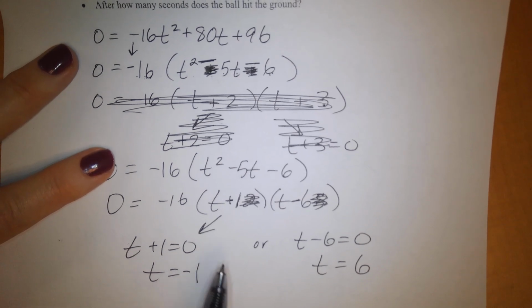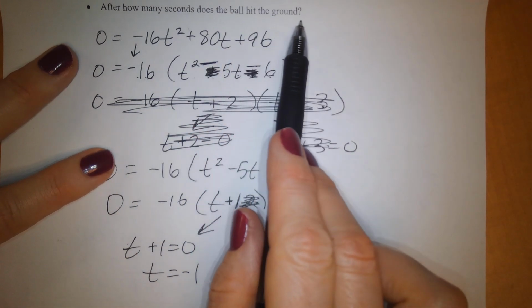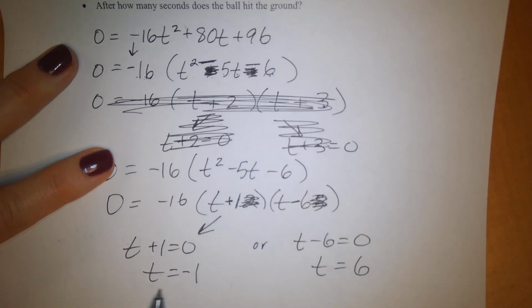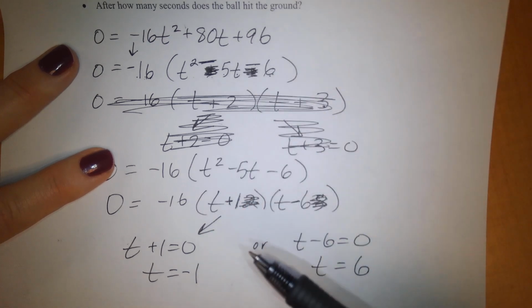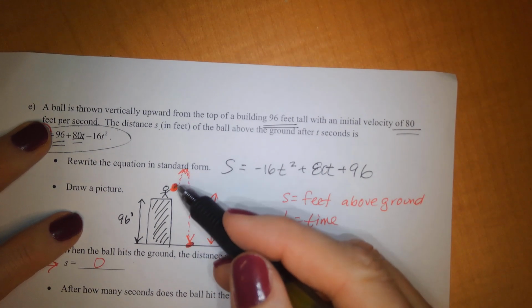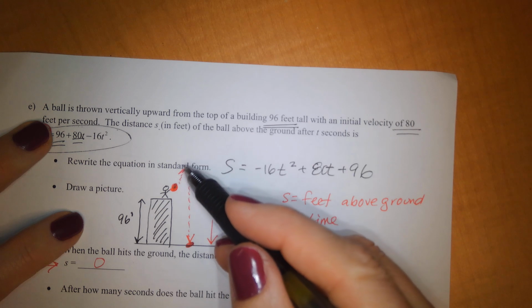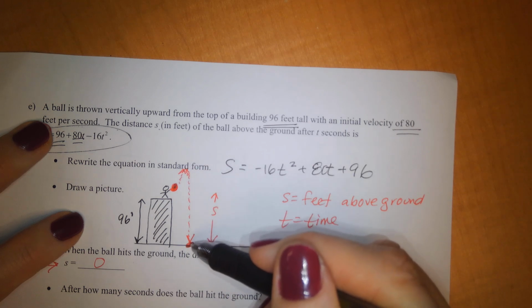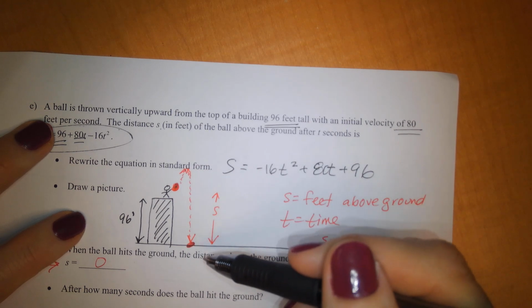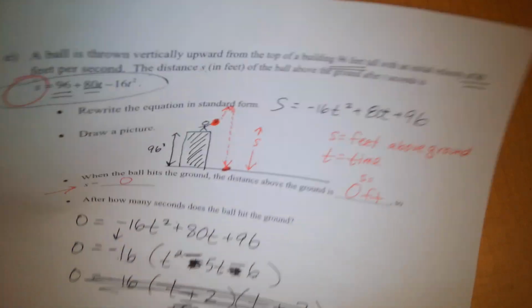Now, the question was, how many seconds till the ball hits the ground? T is in seconds. So negative 1 second, that ball hits the ground? Well, that's impossible. You cannot have a negative time.